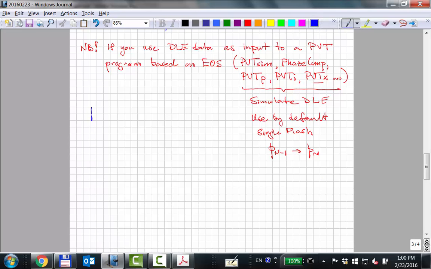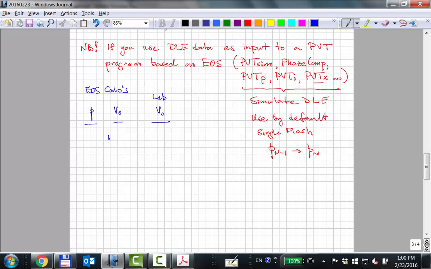So let's just assume, for the sake of argument, that from our EOS calculations, it makes the oil volume calculation. And let's say that the lab, if we actually had the measurements, the oil volume from the lab was here. And let's say that every number was exactly the same.